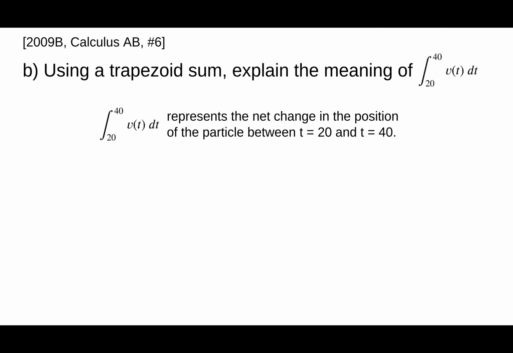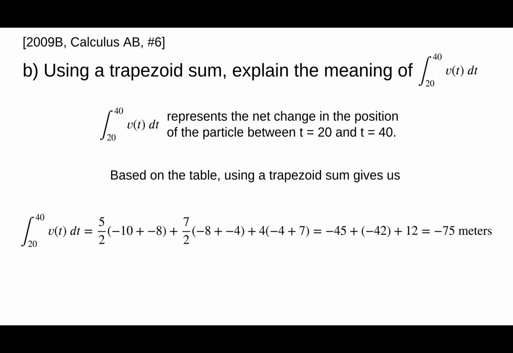To actually calculate or estimate this integral using a trapezoid sum, we have to again go to the values in the table. So based on the table, using a trapezoid sum, we have to find the width of each interval and then take into account both endpoints, the function value at both endpoints on that interval.